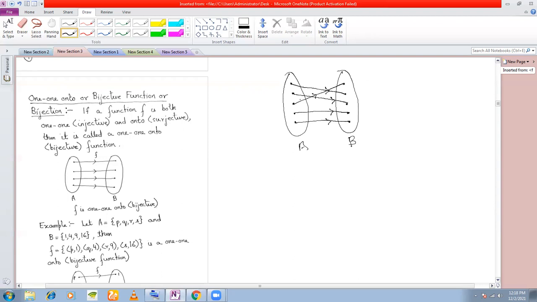So every element in A has an image in B. And if you see, every element has a distinct image. So there is a one-to-one correspondence. Each element in A has one image in the set B. So this is a one-to-one onto function. Okay. So that is the definition of one-to-one onto.